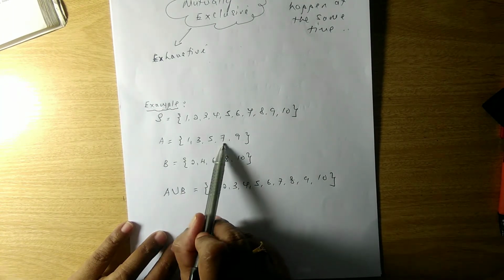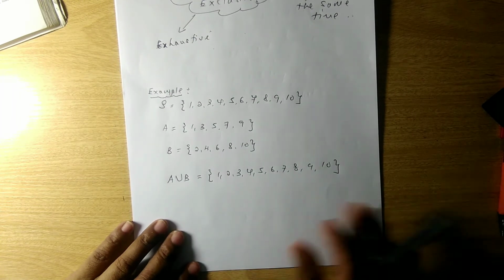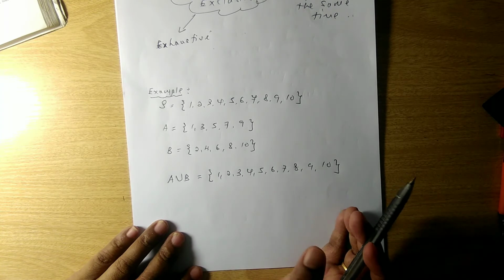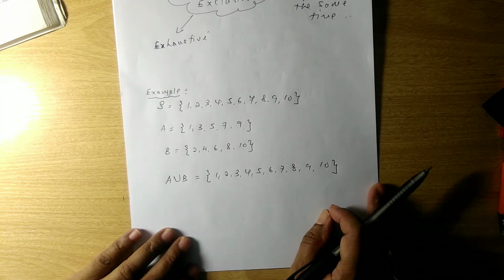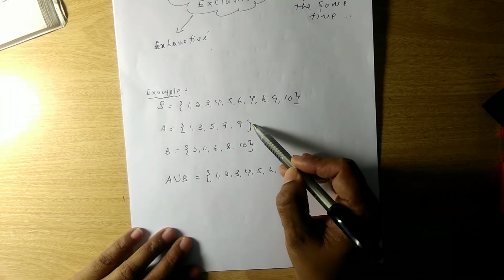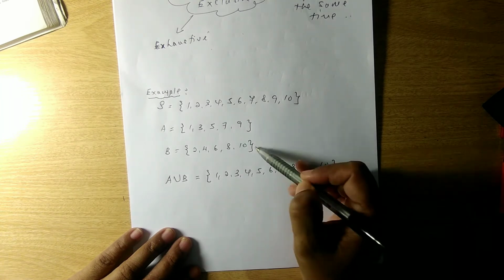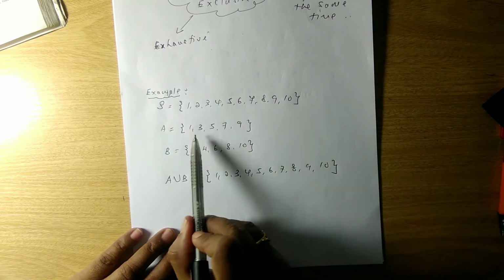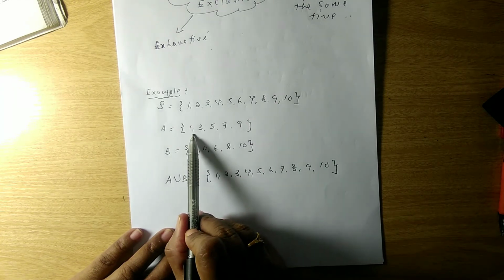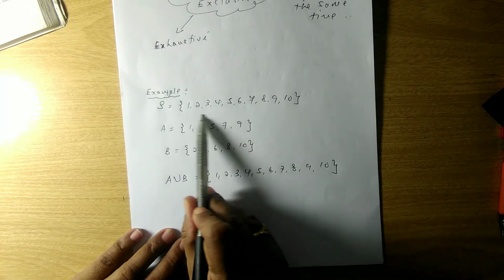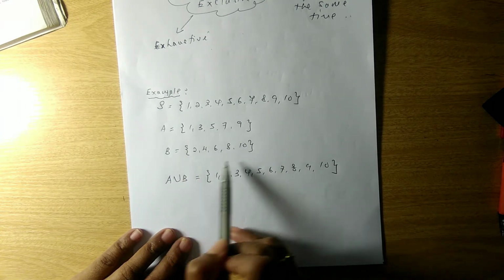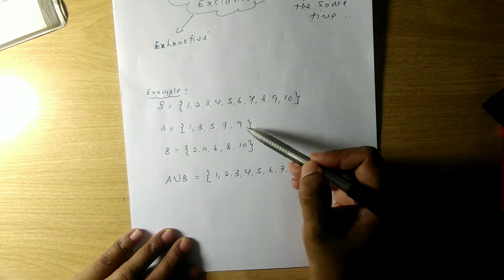Now if you notice, event A and event B are different. That means the outcomes that we obtain in event A are entirely different from event B, and they do not influence each other. Outcomes are all different and they do not happen at the same time.